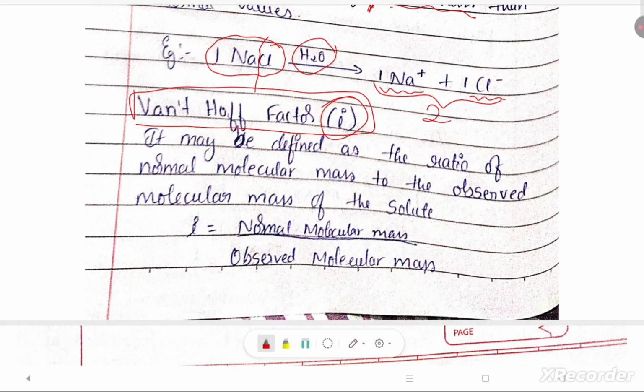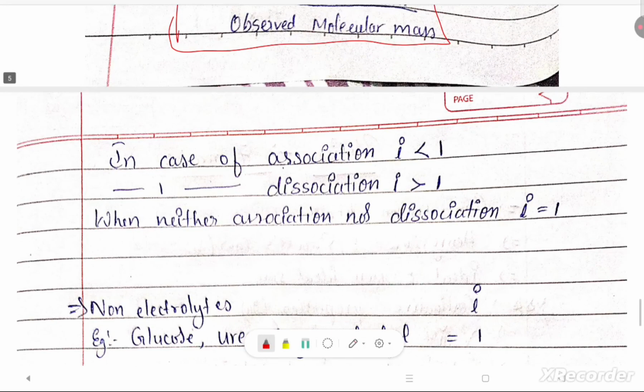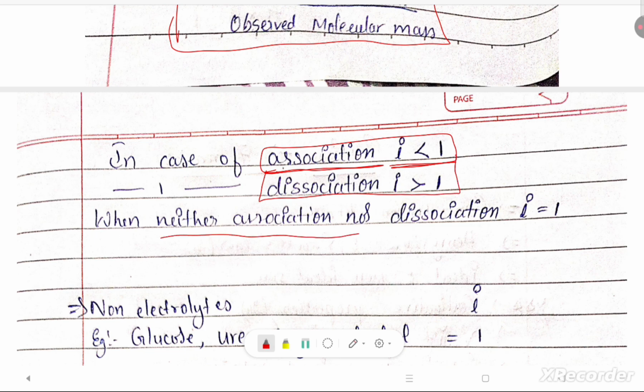Van't Hoff factor may be defined as the ratio of normal molecular mass to the observed molecular mass of the solute. This is the formula. In case of association, the i value is less than 1. In case of dissociation, the i value is more than 1. If there is neither association nor dissociation, the i value will be equal to 1.